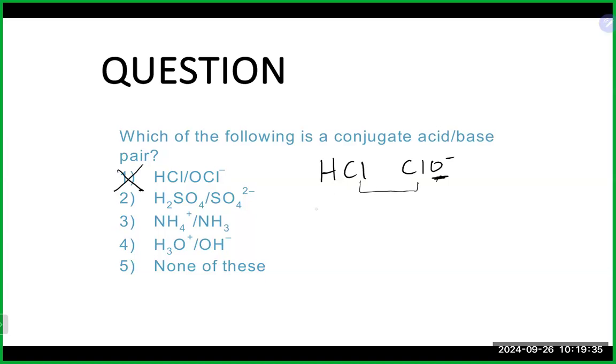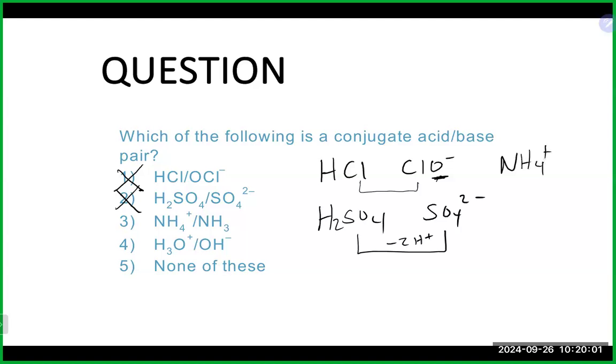We look at the next one, which is sulfuric acid and sulfate. Are these partners? The answer is no, they are not partners because the difference here is actually 2 H plus difference, right? So again, it can only be 1 H plus difference at a time. We take a look at the next one, which is NH4 plus and NH3.